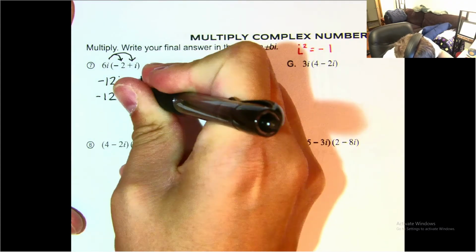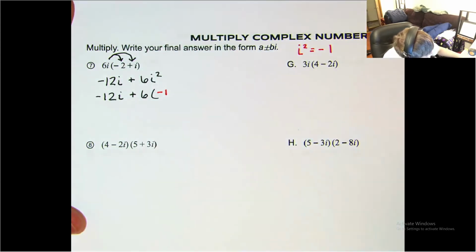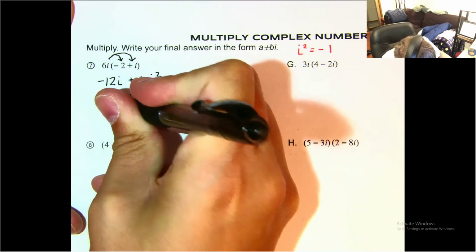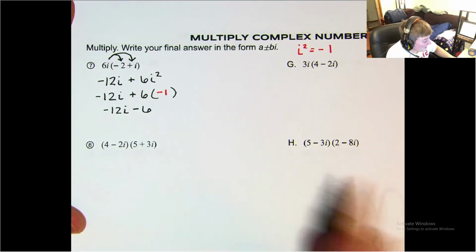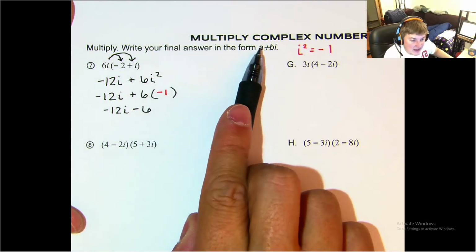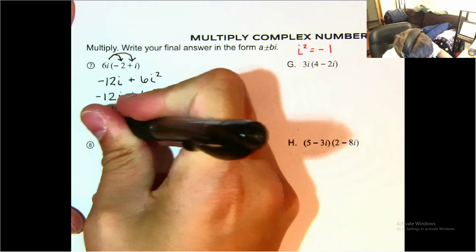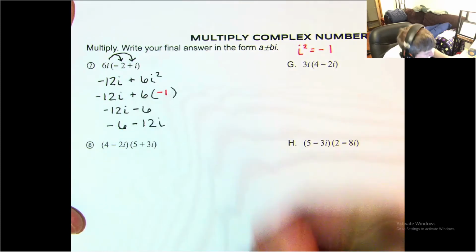Instead of i squared, I'm going to have negative 1. Okay, which simplifies into negative 12i minus 6, because 6 times negative 1 is negative 6. And then lastly, I want my final answer in a plus or minus bi. So that means I can just rearrange this into negative 6 minus 12i.